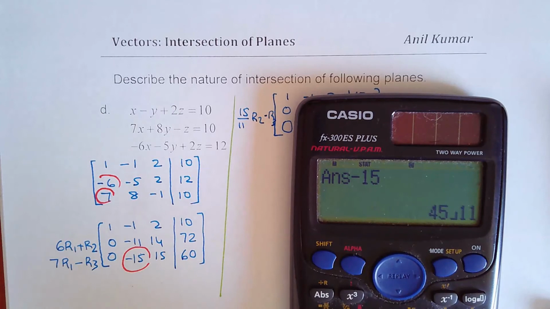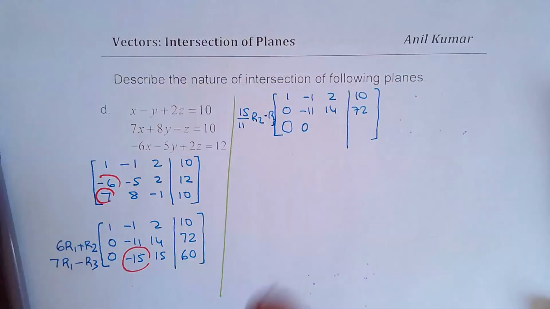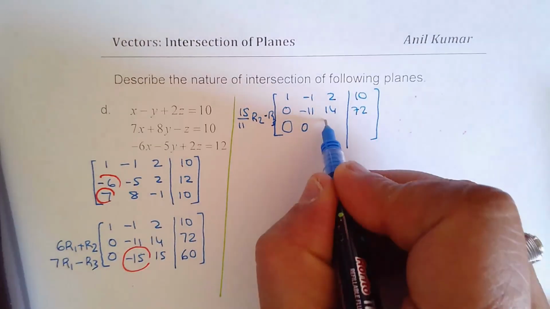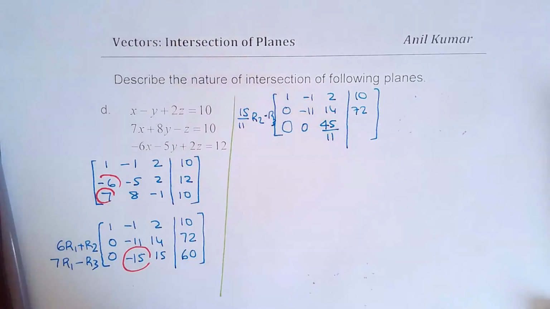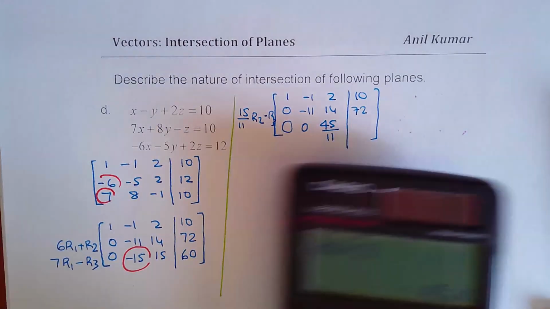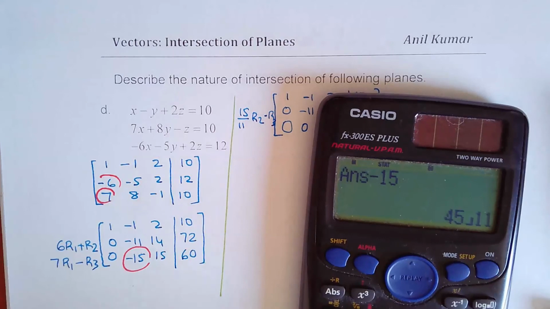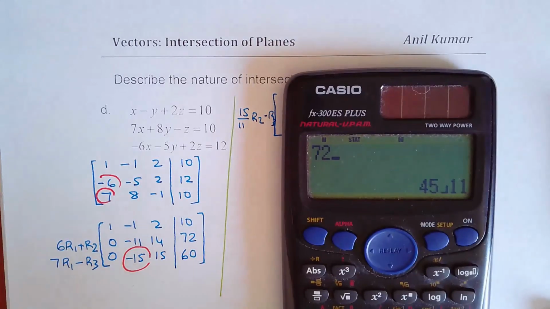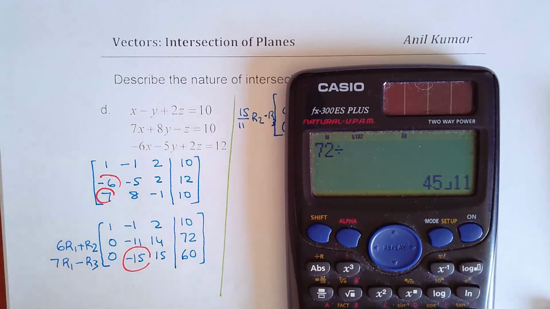So we get 45 over 11. The next one is we have to divide 72 by 11, and then we'll multiply by 15, and then we'll take away 60. And in fractions, we get 420 by 11.